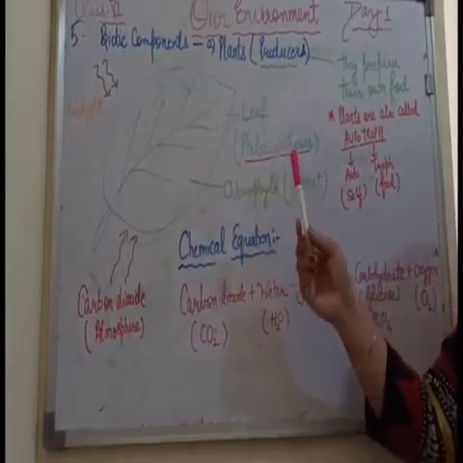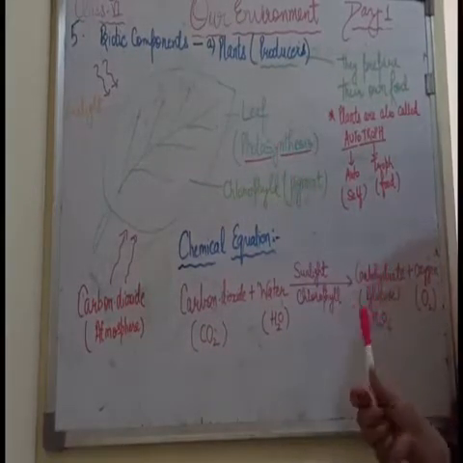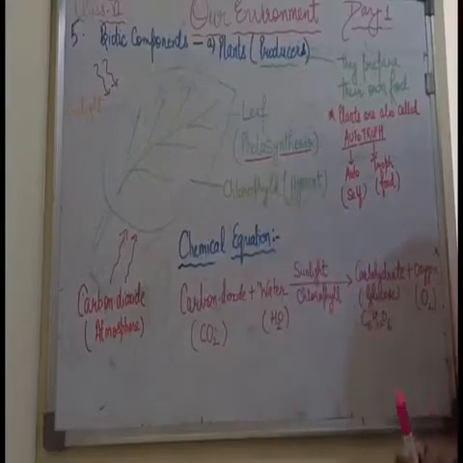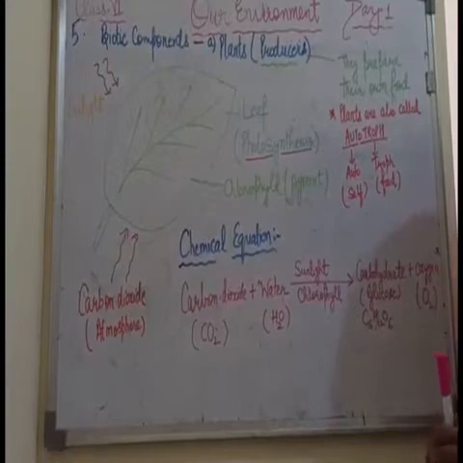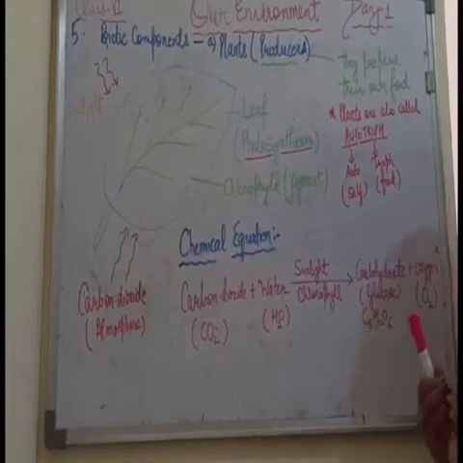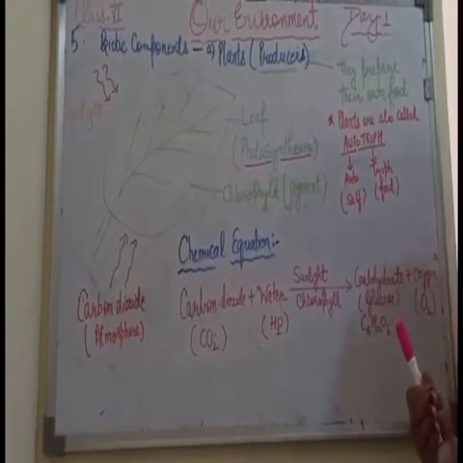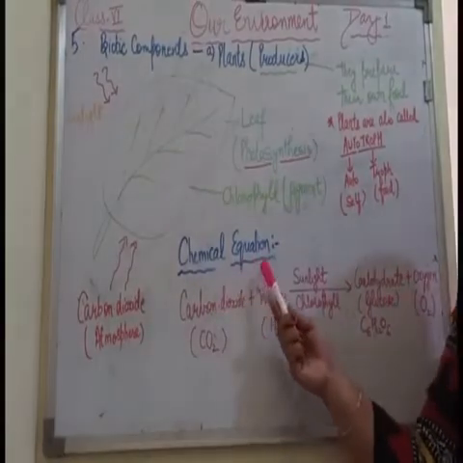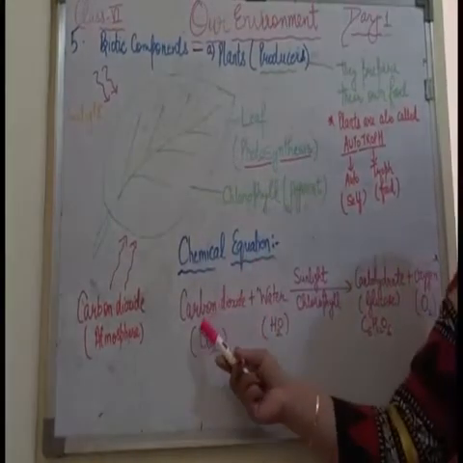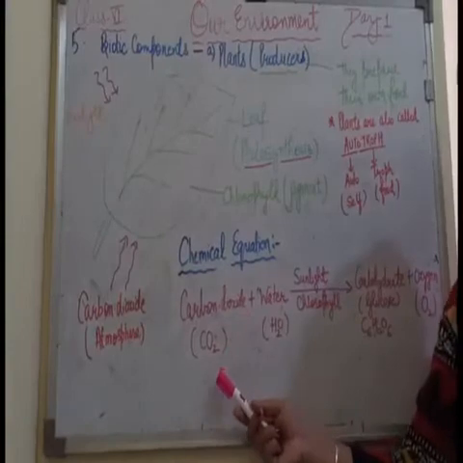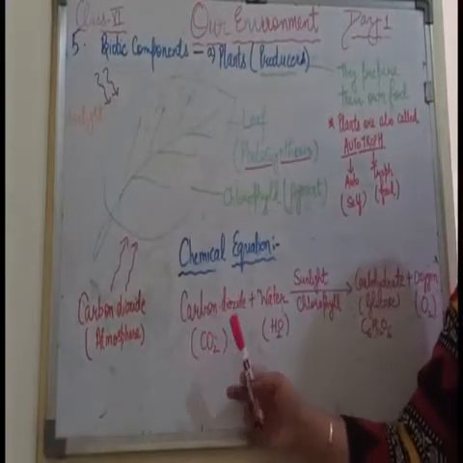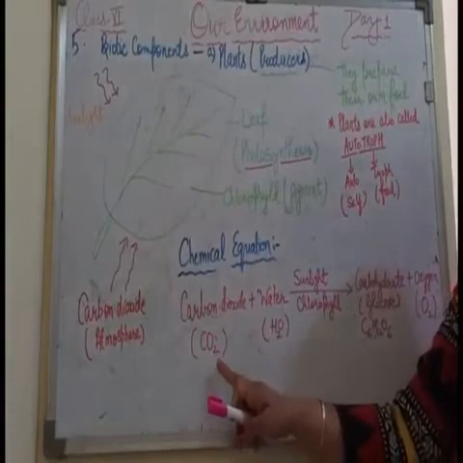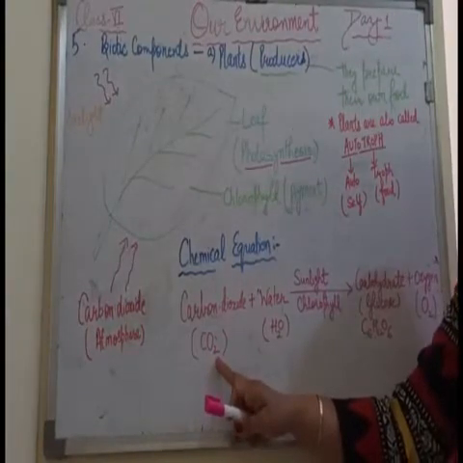When you split this term photosynthesis, photo means light and synthesis is to make. So making of food in presence of sunlight is called photosynthesis. So this is the chemical equation I have written here on the board. Carbon dioxide, and its symbol is capital C, capital O, and in the foot I have written 2.